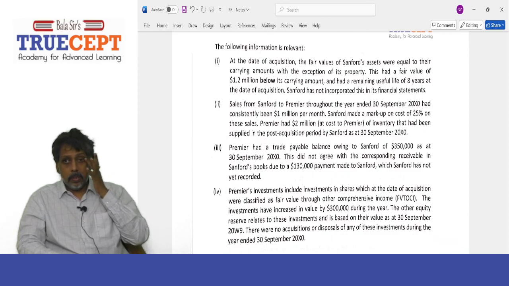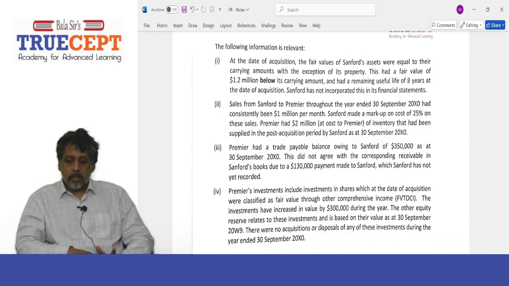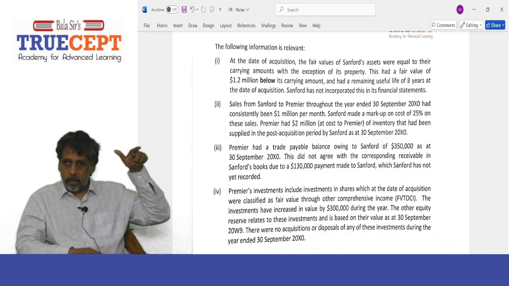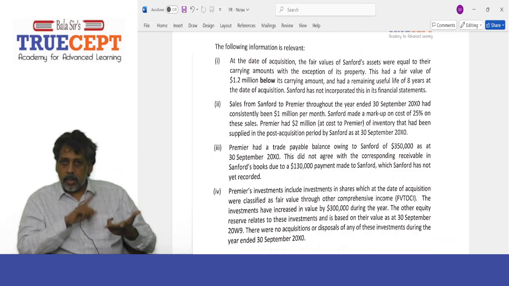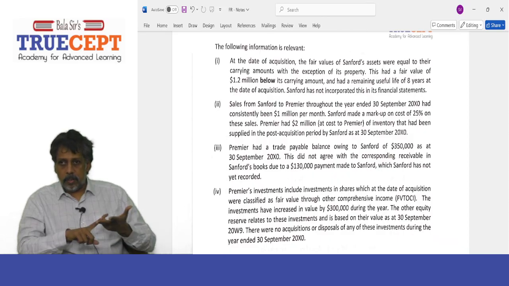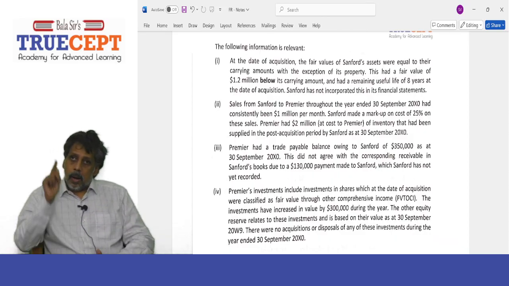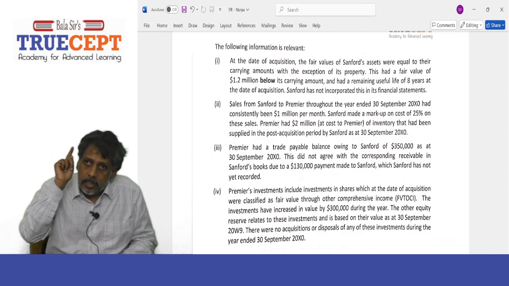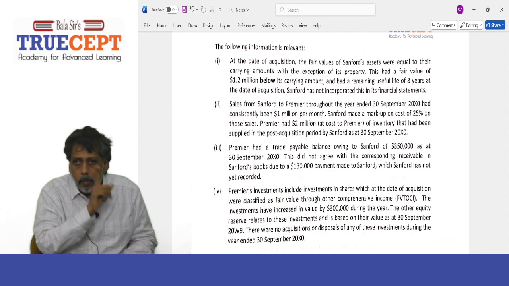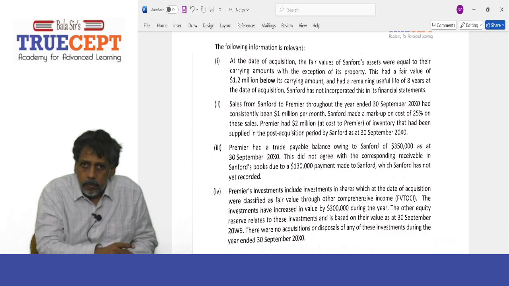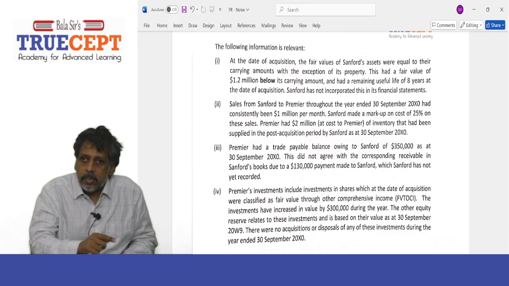So Premier's trade payable includes the $350,000, but this did not balance with the amount shown as receivable in the books of Sanford. That means there is a problem. It is an intra-group balance and there is some cash in transit.